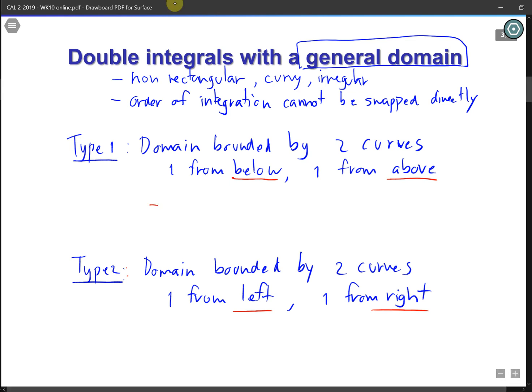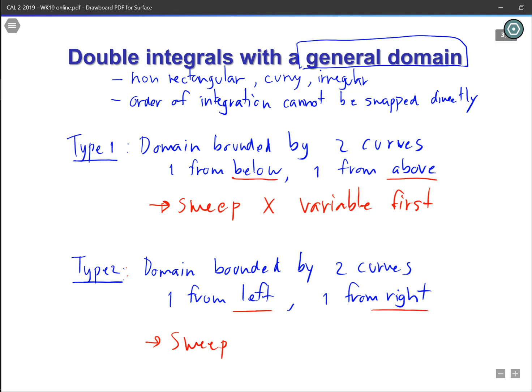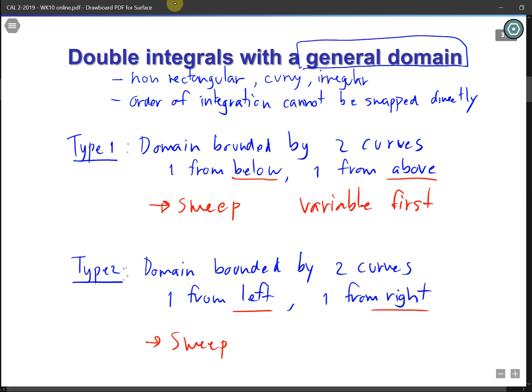For type 1, you are supposed to sweep the y variable first.